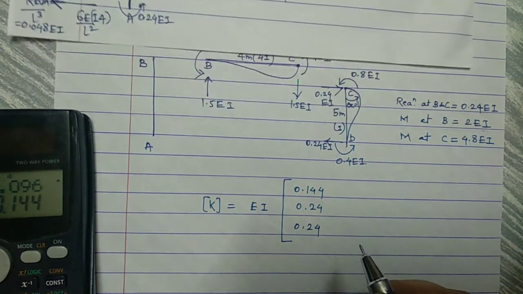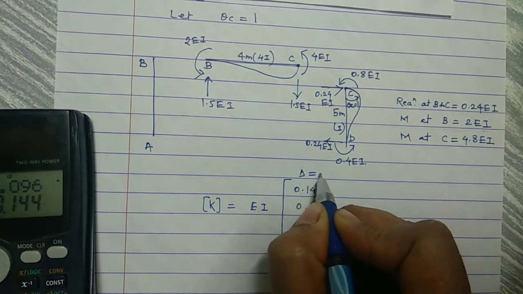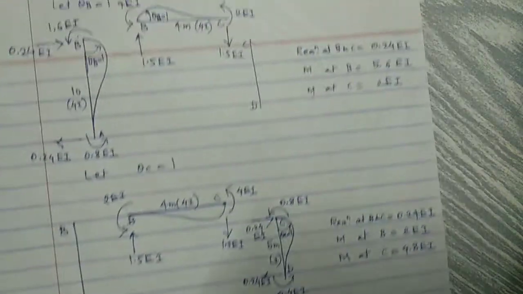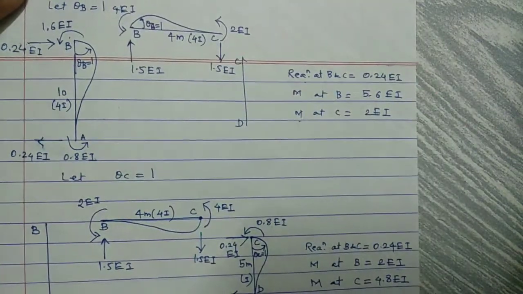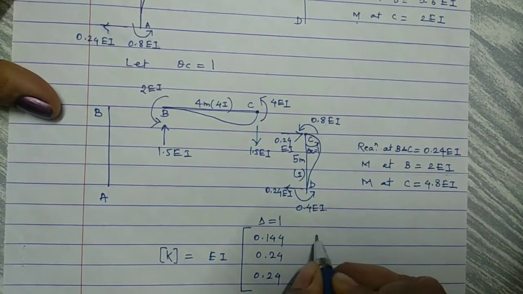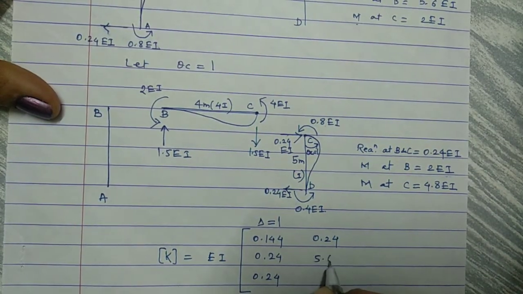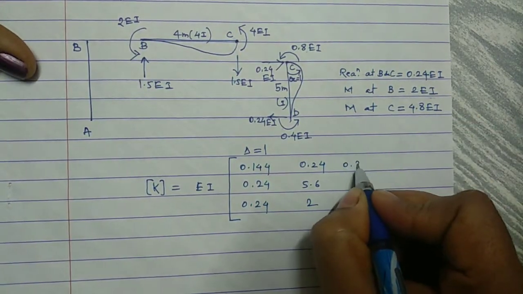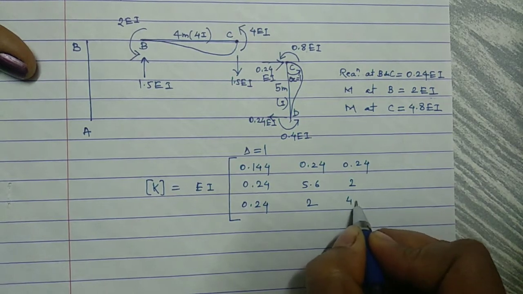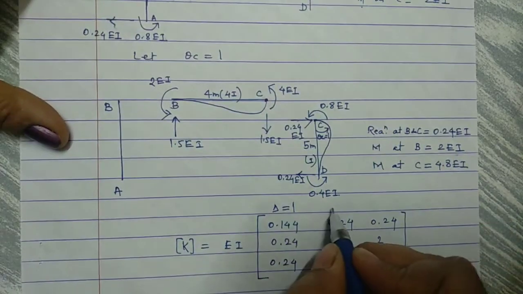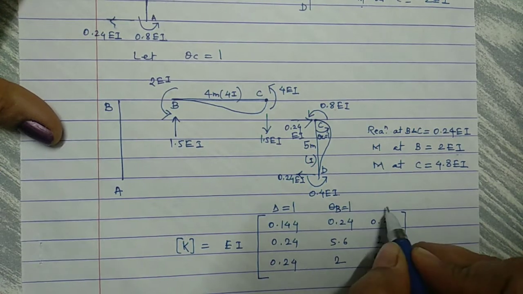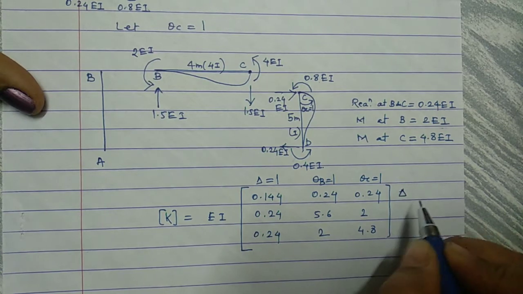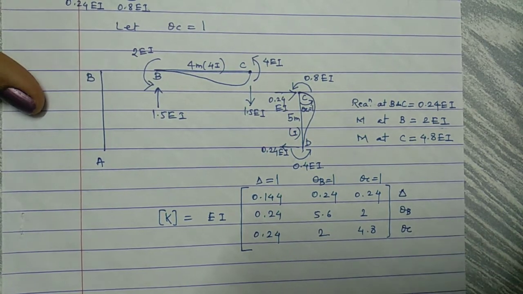That is the first column generated when delta is equal to 1. Now the second column, when theta B equal to 1, has the values 0.24, 5.6, 2, and the last column is 0.24, 2 and 4.8. So the second column is generated from theta B equal to 1, the third from theta C. All these values correspond to delta, theta B, theta C.